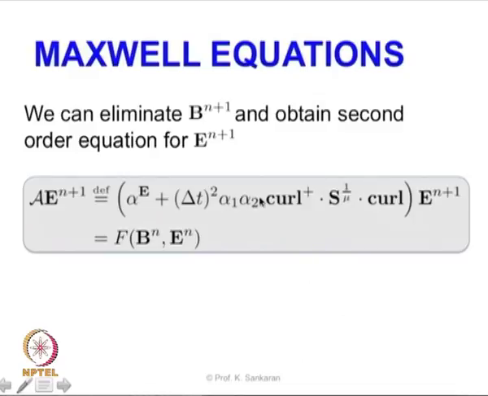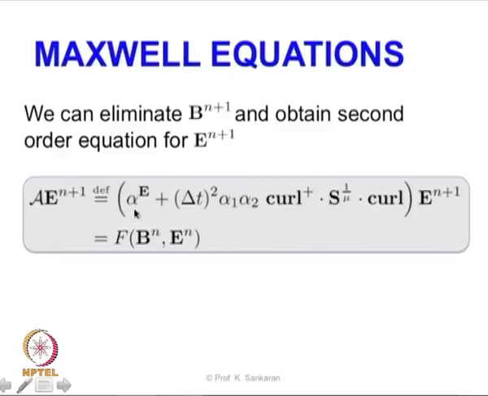When they are equal to 0, this entire term will disappear. So the value is going to depend on the alpha 1 and alpha 2 parameters that we have defined earlier, and on the complex curl term that we have defined, and we have the right hand side like before, f(B^n, E^n).